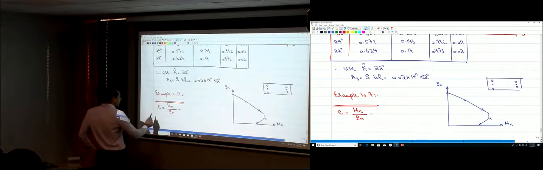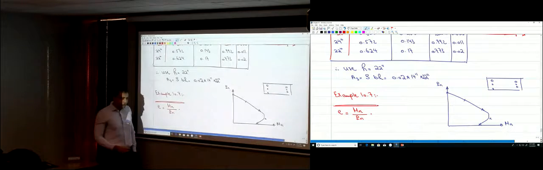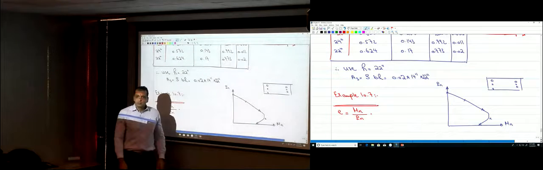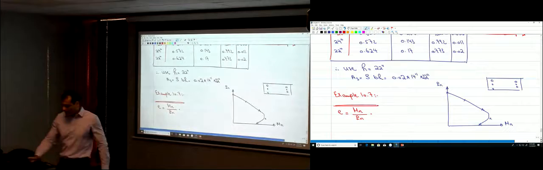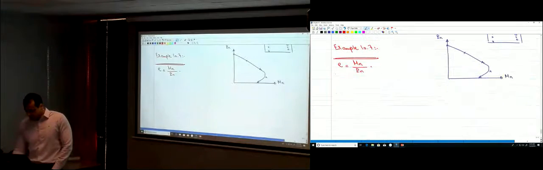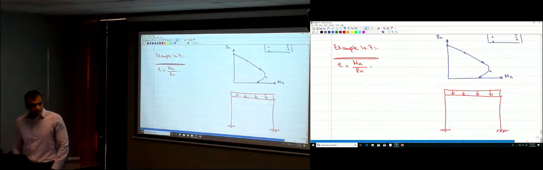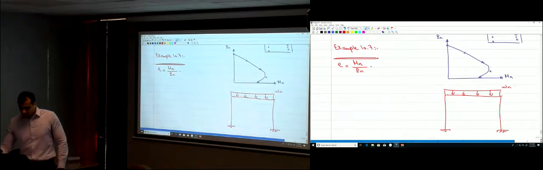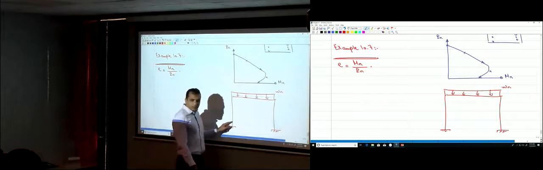Why would I give you an eccentricity? Because if you have a frame or structure like this, and you apply a load, let's say you have a frame like this and a uniform load Wn over here, it will give you some normal force and some moment in the column.